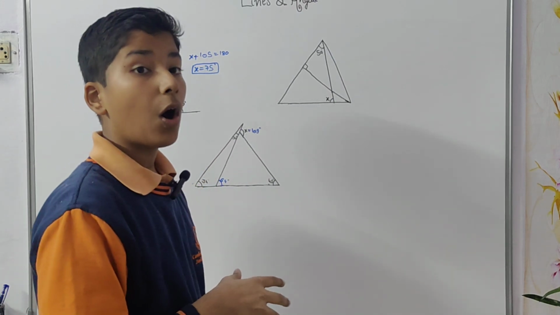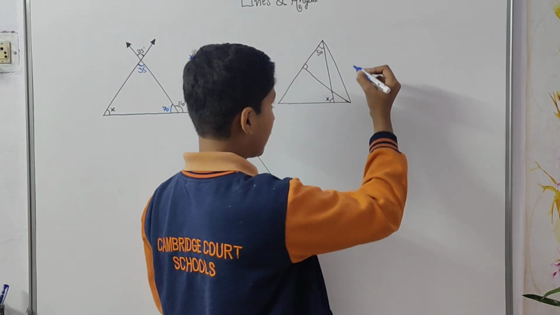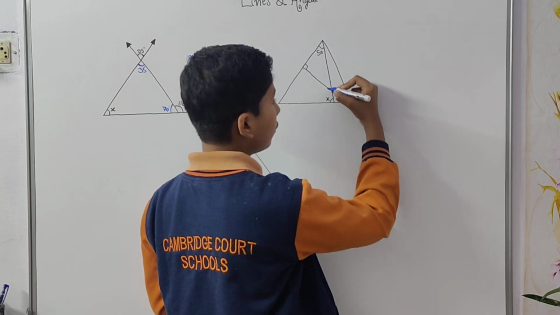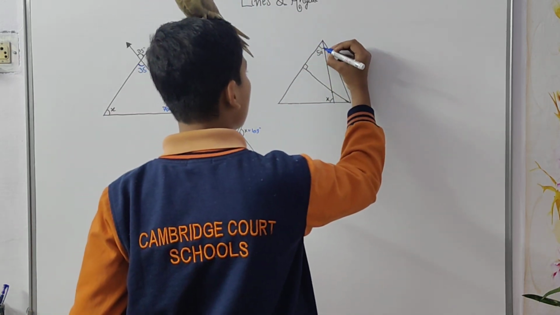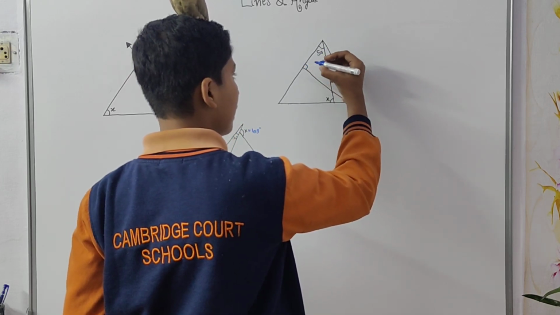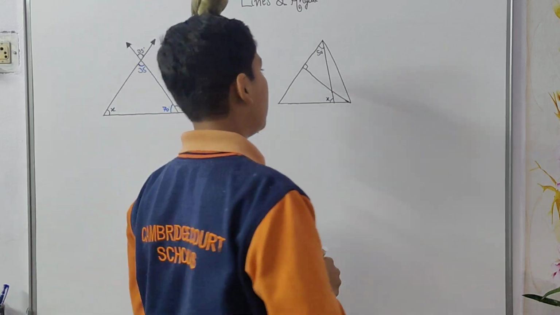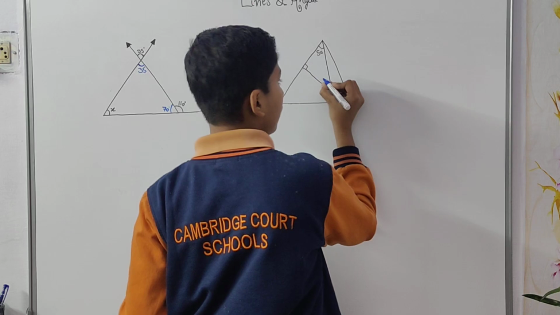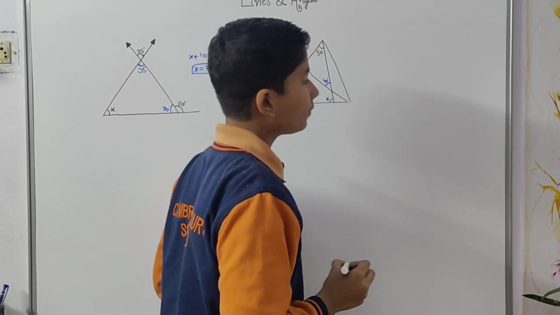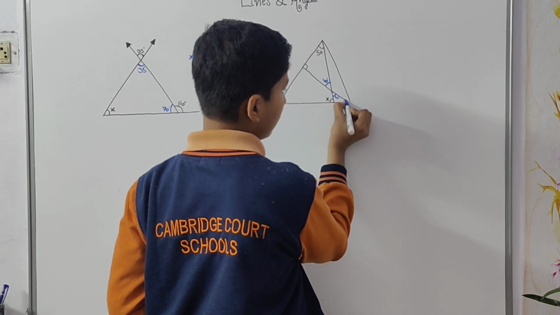Now our most important question, the world's most wanted. You might believe it is confusing, but see this carefully. This is 50 degree, this is 90 degree. 50 plus 90 is 140 degree. So 180 minus 140 is 40 degree. Now this is 40, then this will be 40 degree.